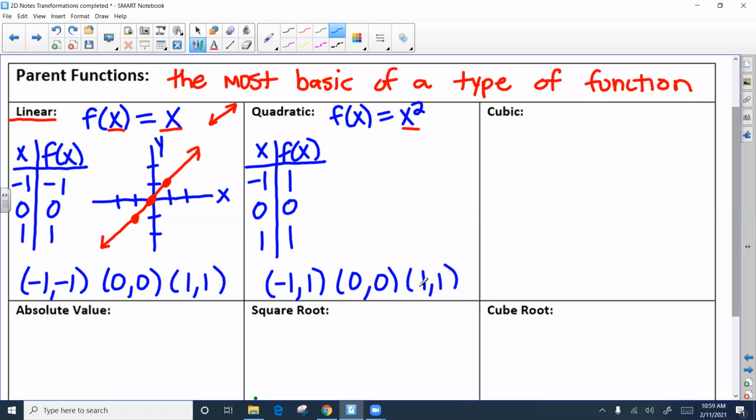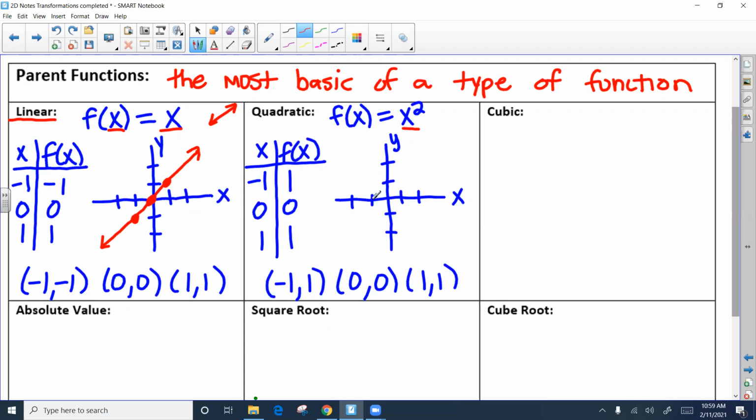Now I'm going to draw my graph. So draw your X and Y axis. And I'm just going 2 in each direction here. So draw your coordinate plane. And now let's plot our points.